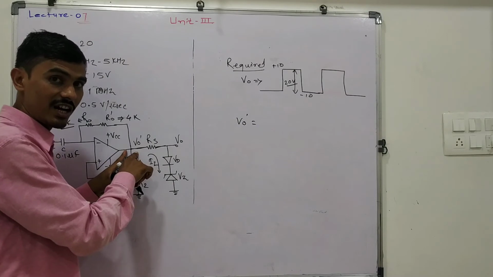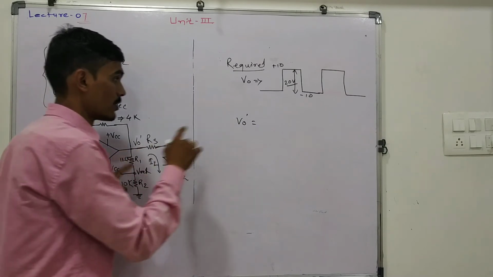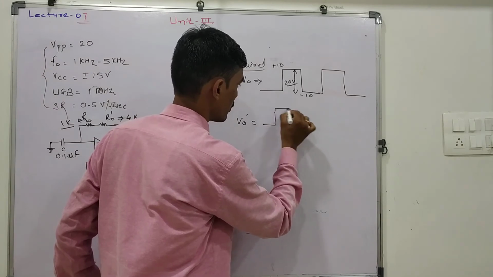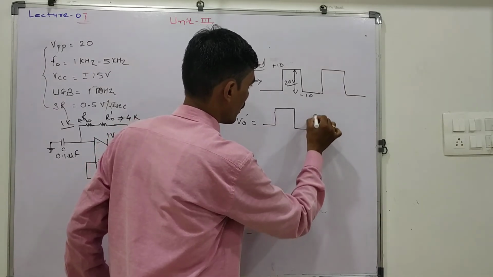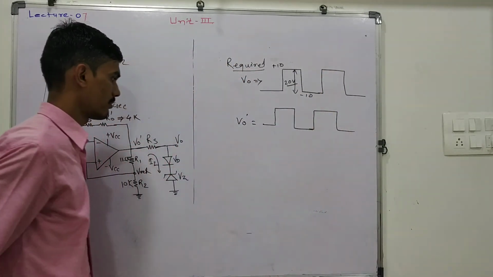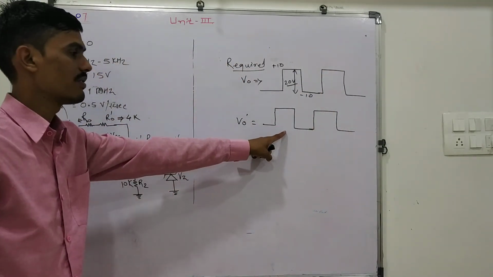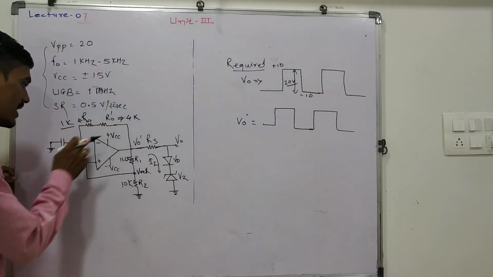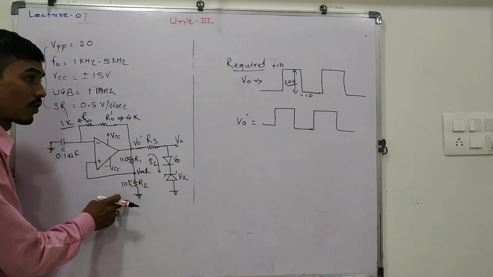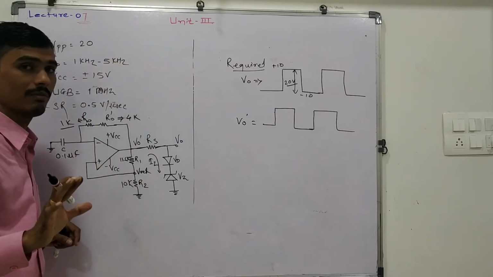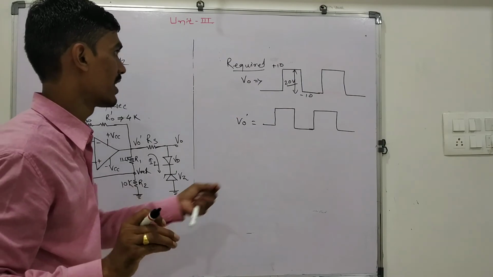It is directly available here. So here also we are getting a square wave with the same frequency. Whatever frequency of the output we require, with the same frequency we are getting here. Because for that we already designed the values of R0, R0 dash, C, R1 and R2 for obtaining variable frequency of 1 kHz to 5 kHz. There is no problem regarding the frequency.